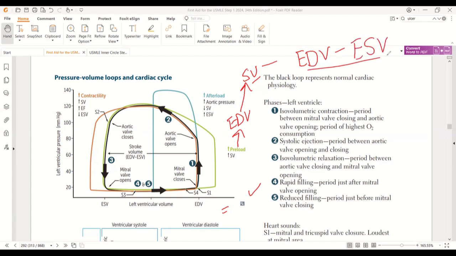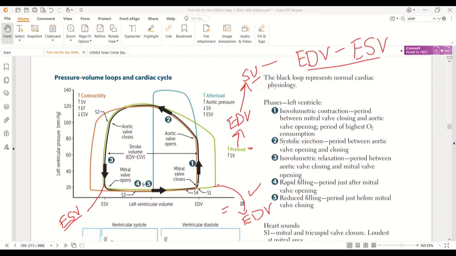Right? Yes. So this green arrow shows the increased preload. Starting from here is the end systolic volume, and this one is the end diastolic volume. So this is normal, which I'm highlighting in black color.